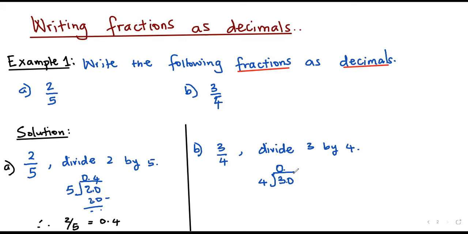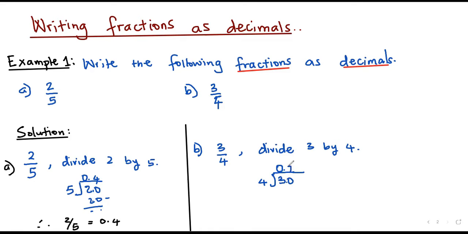What is 30 divided by 4? What do we get? 7.